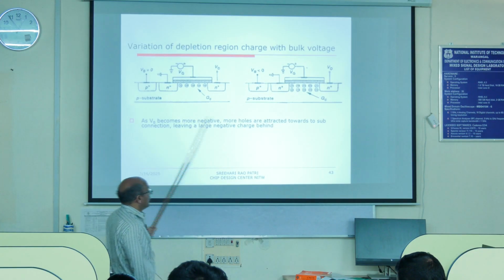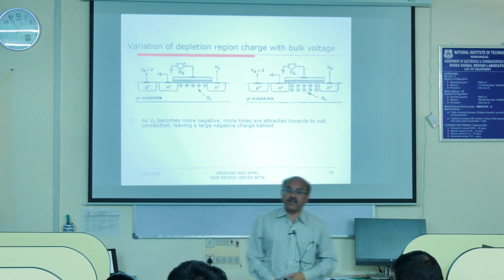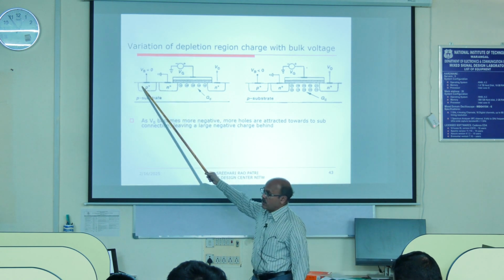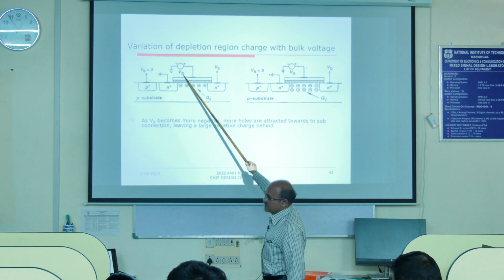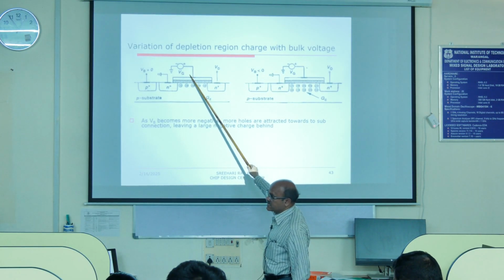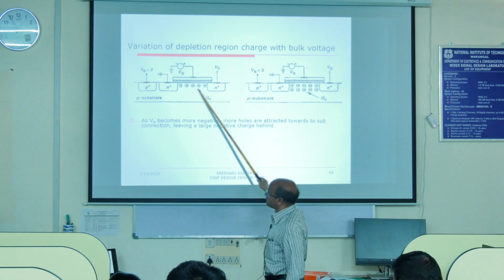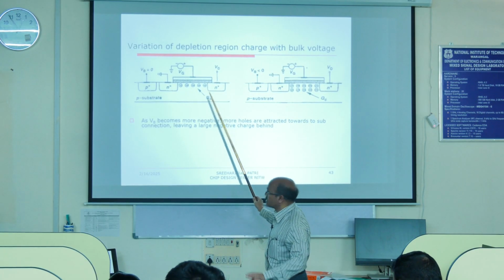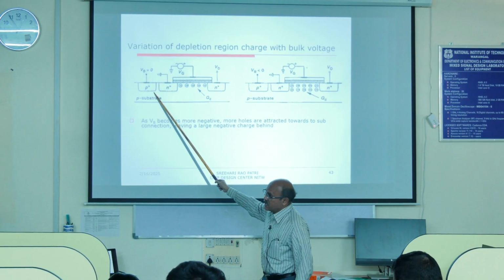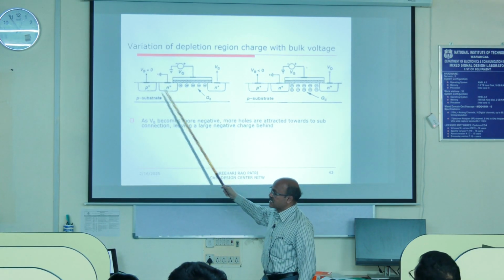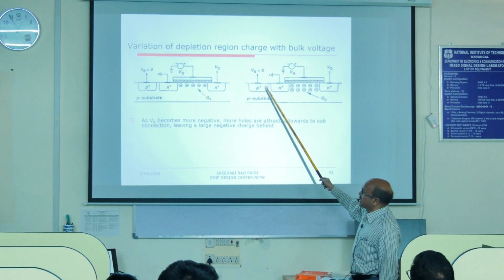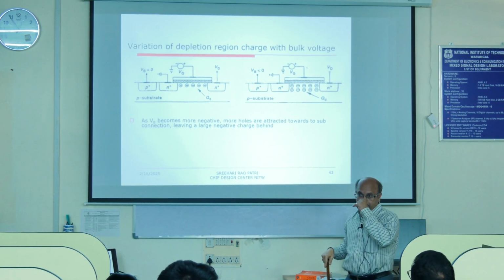Now what I am doing is varying the bulk voltage. This is the bulk voltage. Initially the bulk voltage is 0. I kept this constant at that value. Applied gate voltage is less than threshold voltage, so some depletion region is formed. That's all. Source and drain are at the same potential. Now the bulk voltage I am gradually making negative.